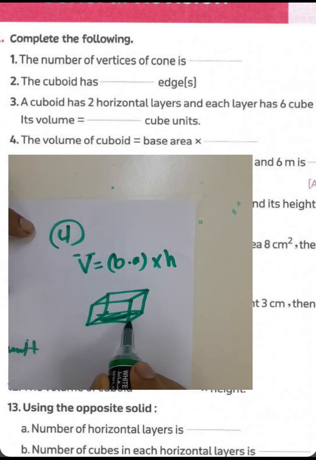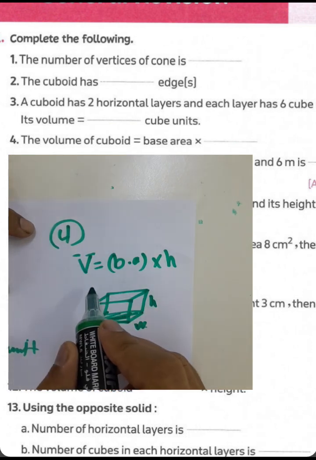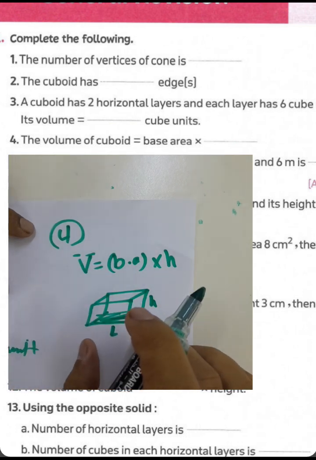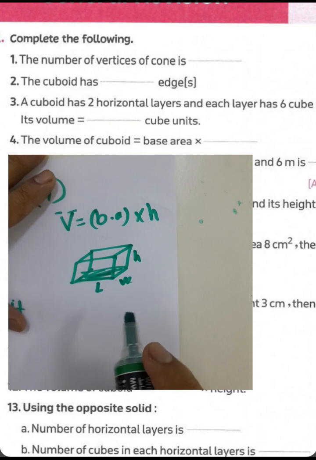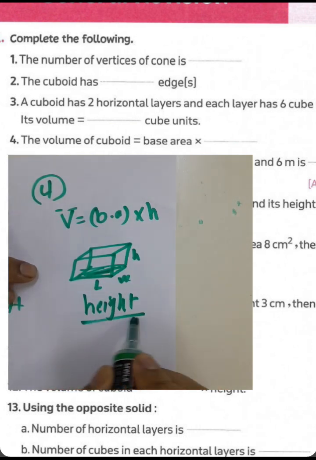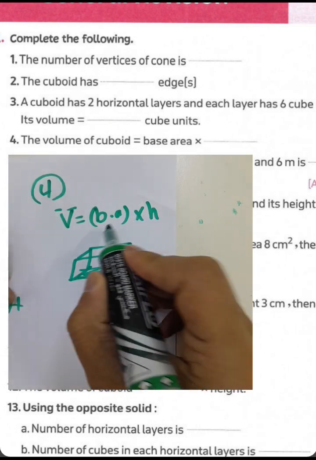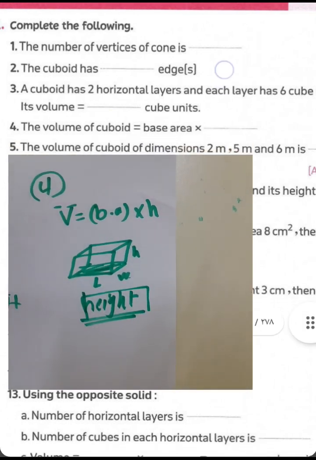This is the base, and we have length and width. The area of the base equals length times width, multiplied by the height. You can get the volume, or the volume equals base area times the height. We write in the space this word: height. Write this word in the space.